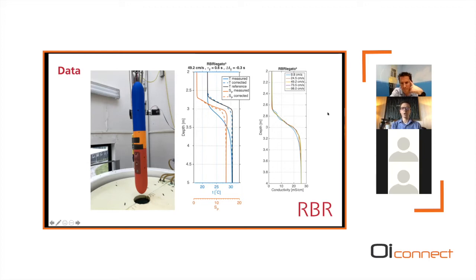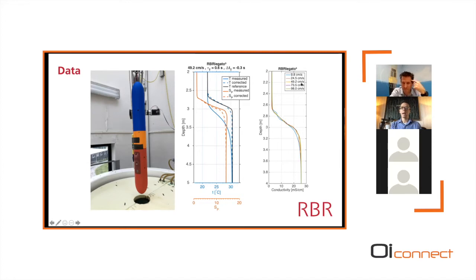And on the left-hand side, you can see that by doing some of these lag corrections that we do, it brings the corrected measurement very close to the reference measurement.